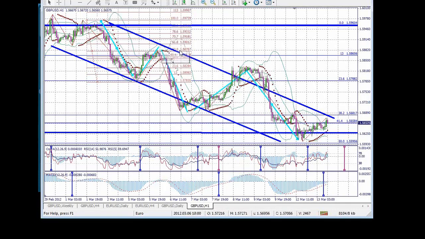So the second wave went up to the 50 level, didn't go to 61 and reversed.